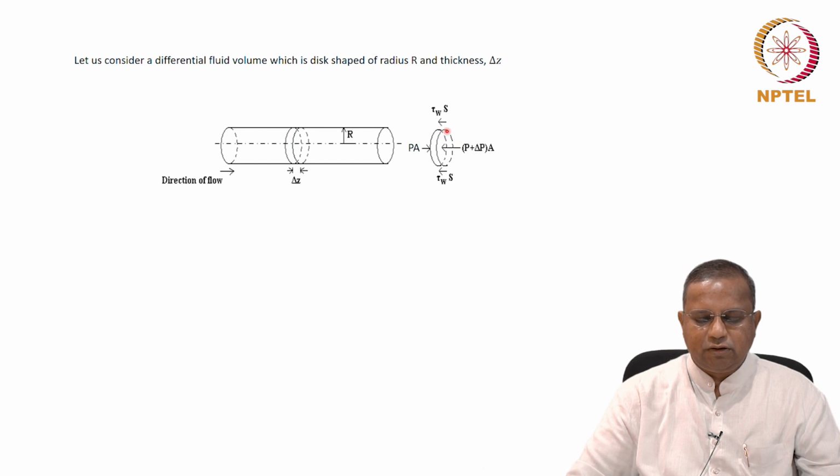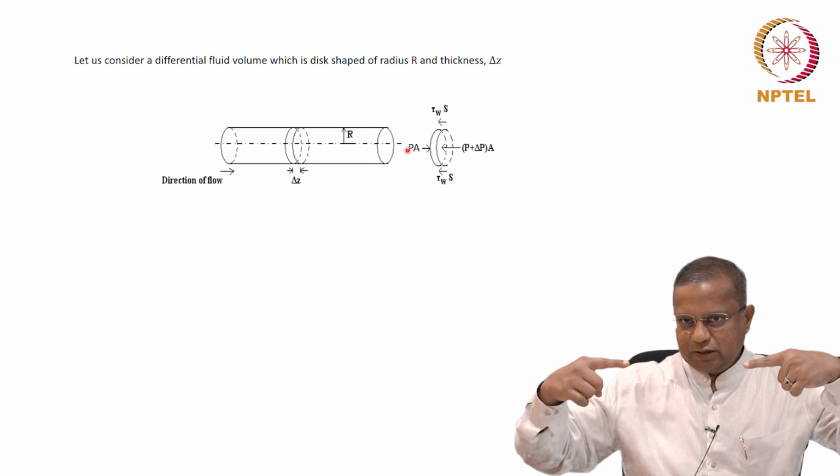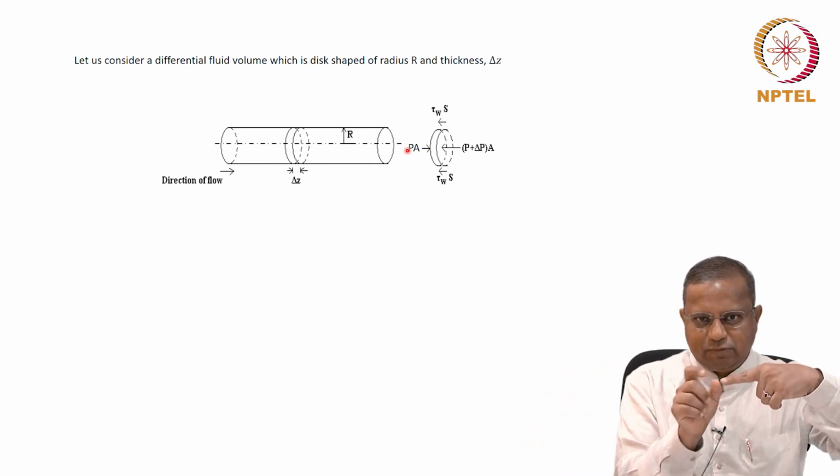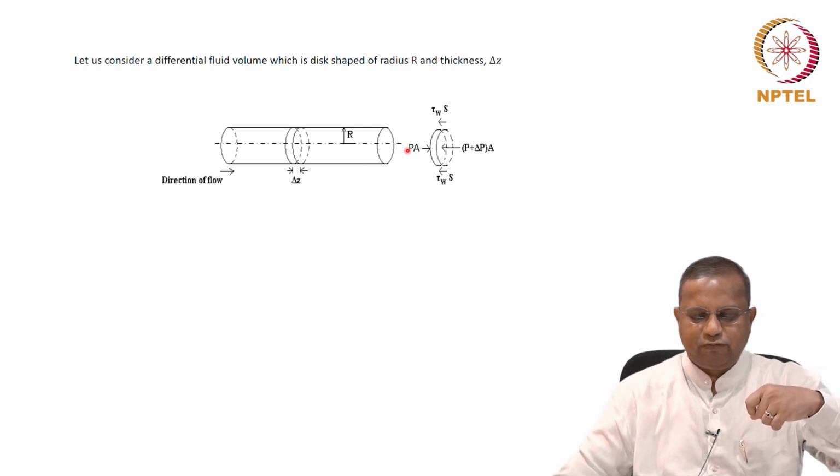If we do a force balance on this liquid element, there is a pressure acting here in this direction. This is a free body diagram. Therefore, a pressure acting in this direction, a different pressure acting in this direction, which is different because of the length being different.